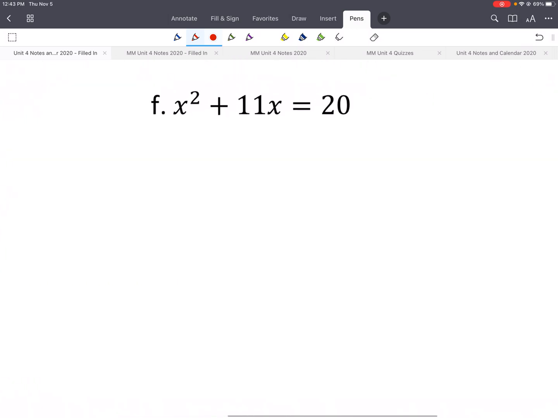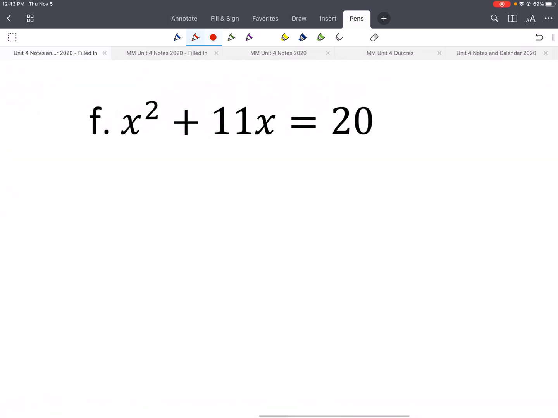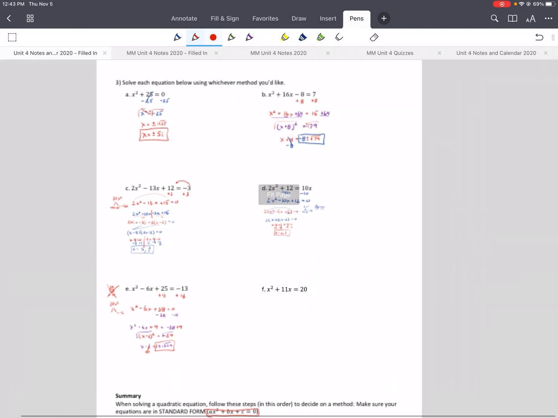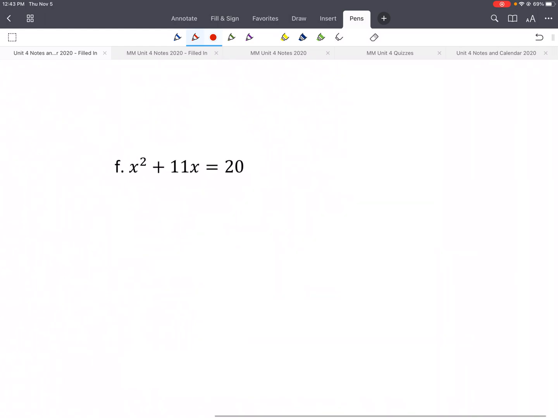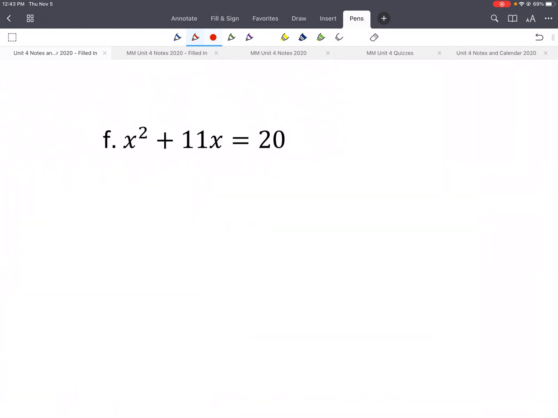And then last but not least, since we haven't really done any of the quadratic formula ones, let's just do this one with the quadratic formula. Perhaps the others would work, but we're going to subtract that 20 over. So we get x squared plus 11x minus 20 is equal to 0.